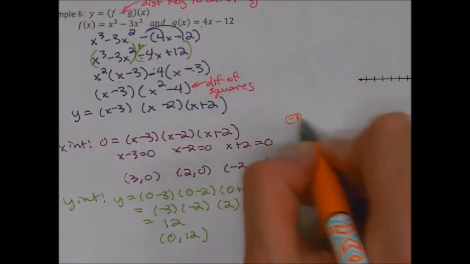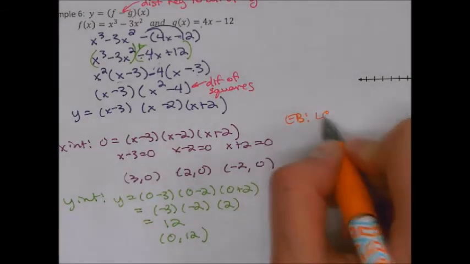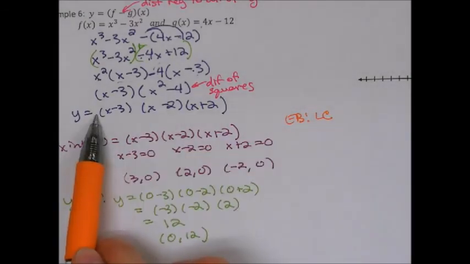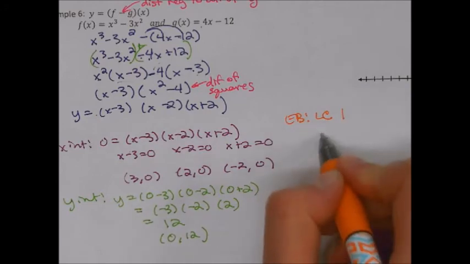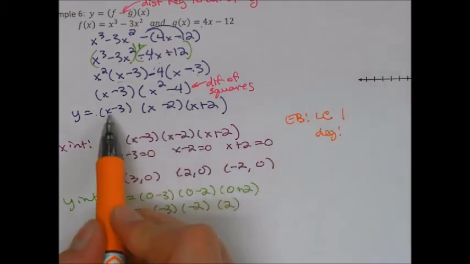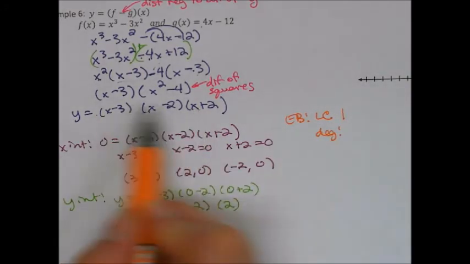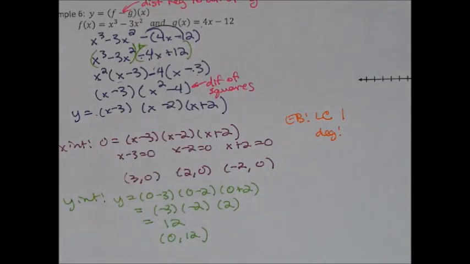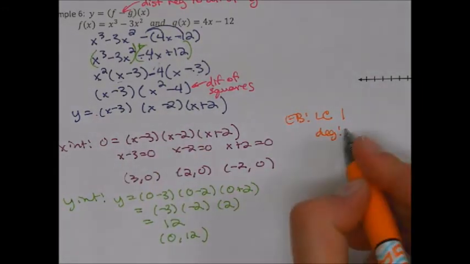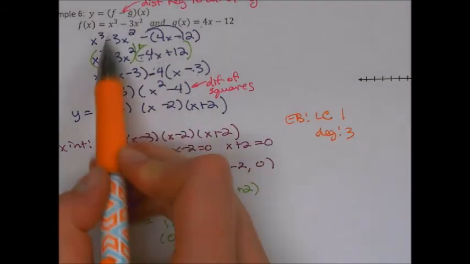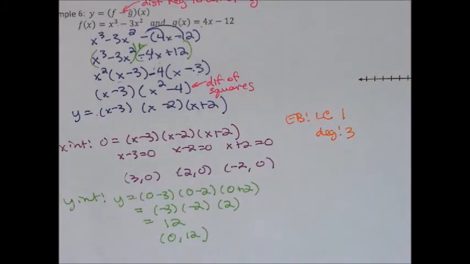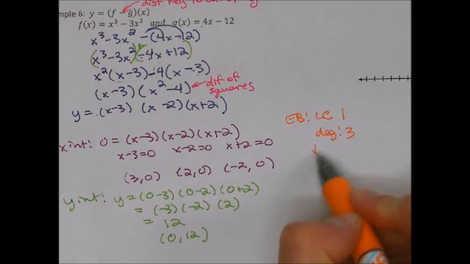For end behavior, my leading coefficient, let's look here, that's a 1. My degree is, I have x to the first, x to the first, x to the first. All of those are 1, so 1 plus 1 plus 1 is 3. Or we can look up at the beginning, that's 3. So we're going to be down, up.